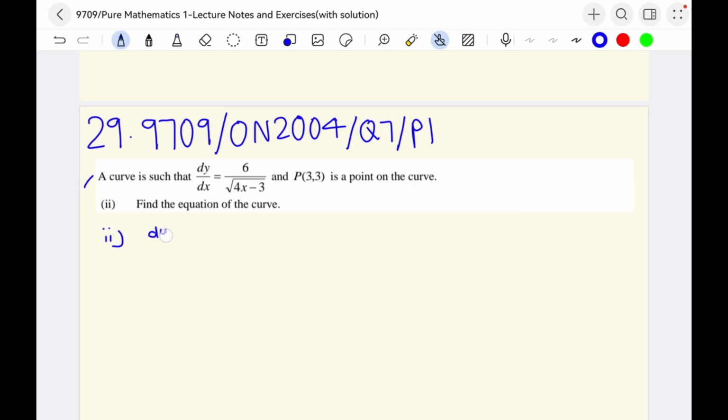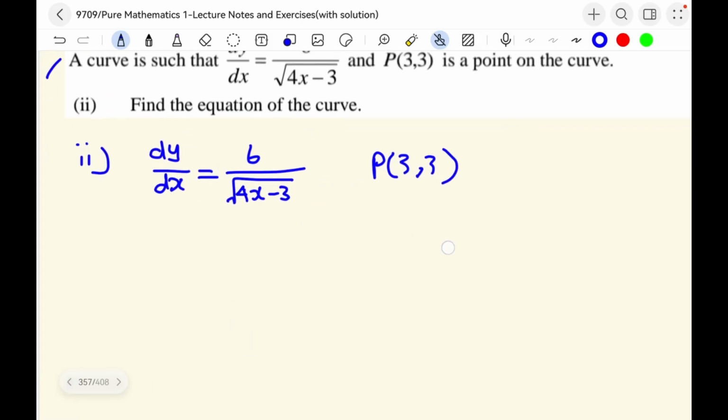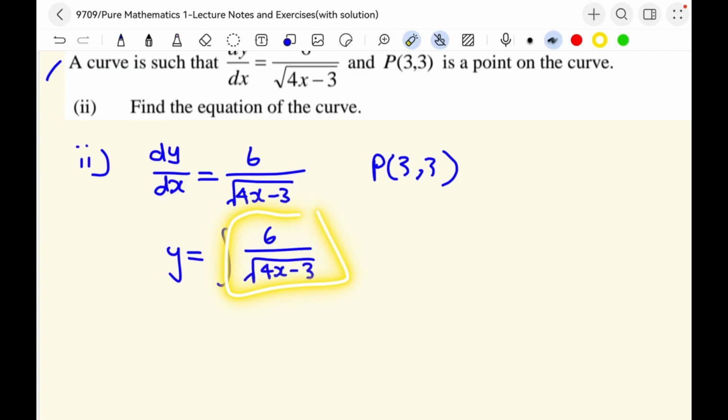So given dy dx is equal to 6 over square root of 4x minus 3, and P33 is the boundary given. Now find the equation of the curve. So it's actually y equals to the integral. To get the equation of the curve, it is an indefinite integral.